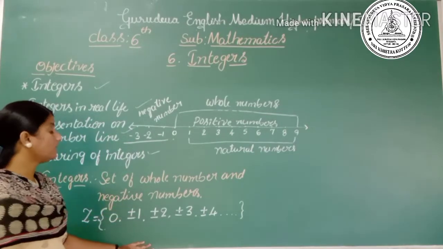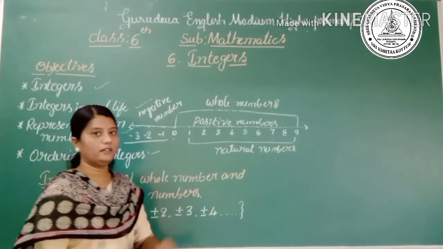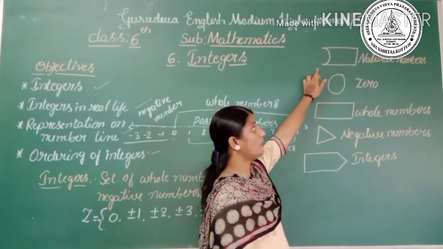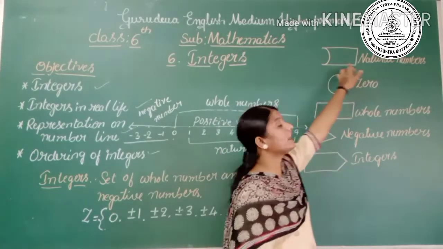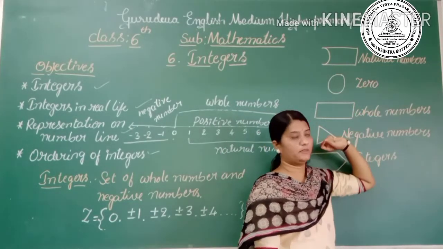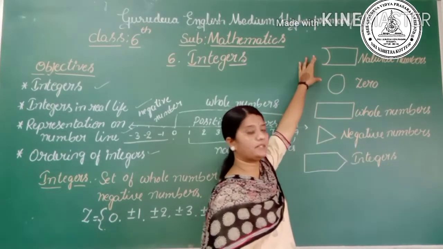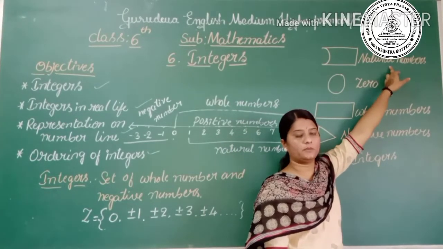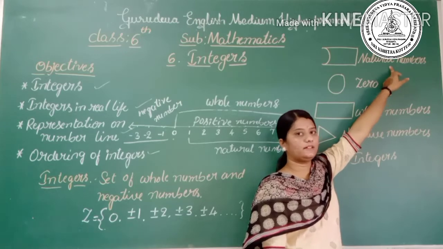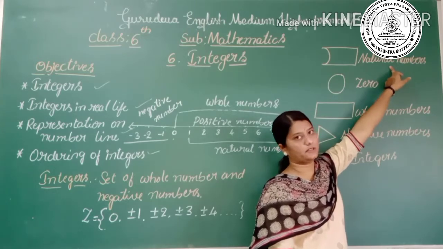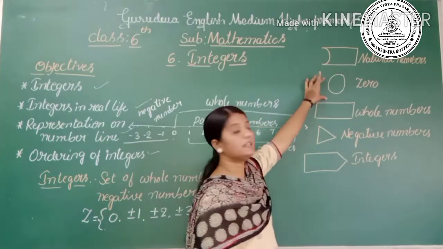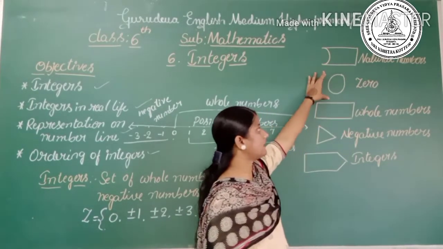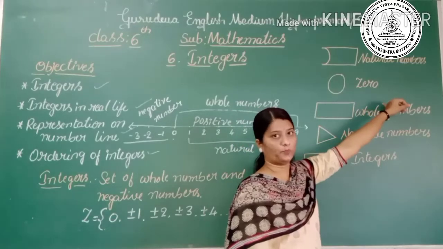Let's understand the concept of integers by figures. The first closed curve represents the collection of natural numbers, the counting numbers starting from 1 to infinity. The circle represents zero.